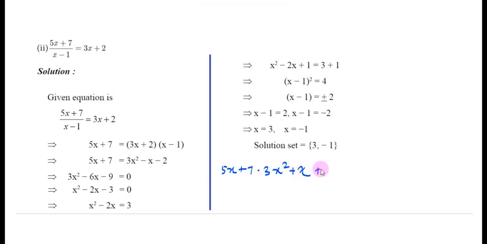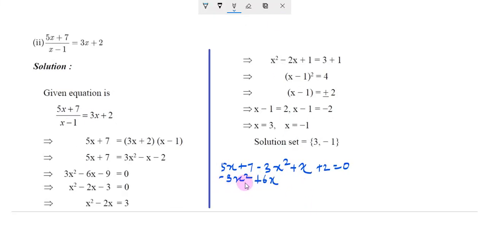The same way plus 2 equal to 0. Now let us simplify. Here how many x square terms are there? We have only one, so minus 3x square. Next, how many x terms are there? 2 terms, 5x plus x, so plus 6x. So minus 3x square plus 6x, and next 7 plus 2, this is plus 9 equal to 0.